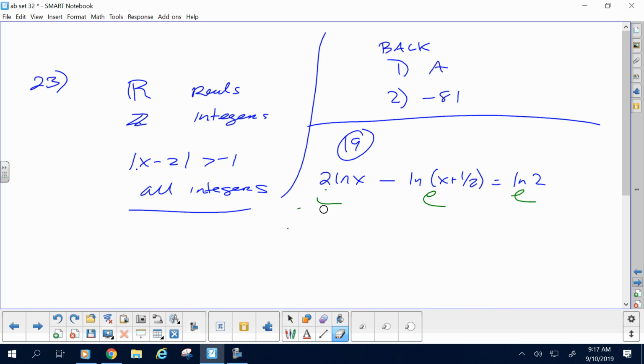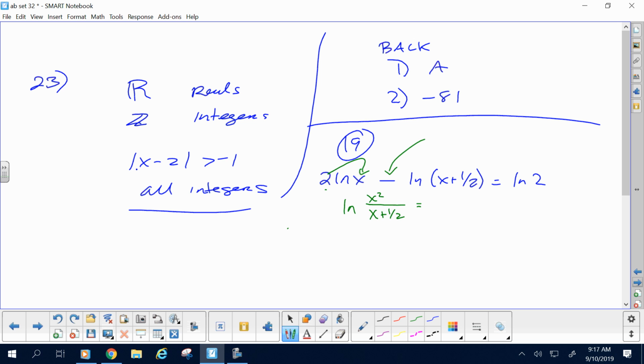So you must combine logs first. If you combine logs using log rules, one log rule is that a coefficient can be brought up front. Another log rule is when you subtract two logs, it's the same as the single log of the quotient. Now it's single log equal to single log.